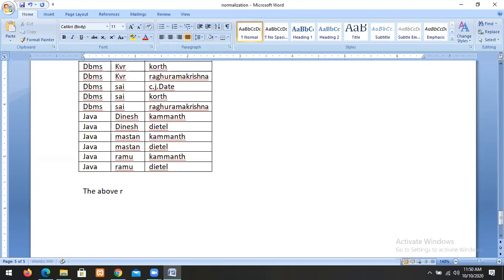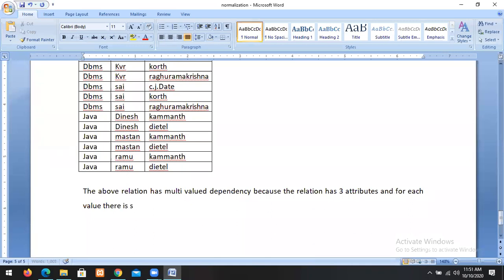The above relation has multi-value dependency because the relation has three attributes, and for each value of an attribute there is a set of values of other attributes.